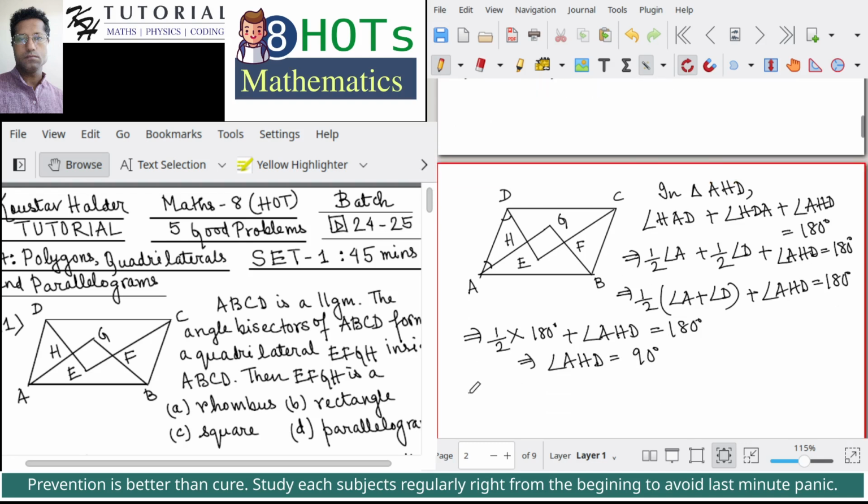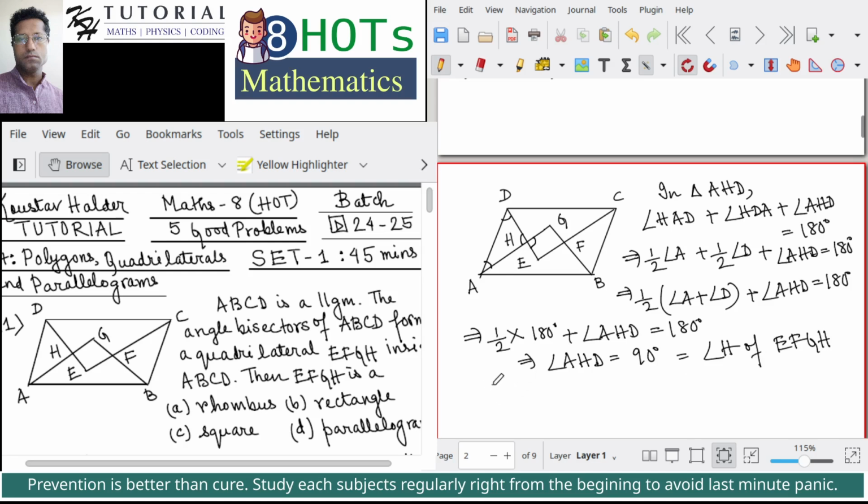Now what is angle AHD? This angle is also vertically opposite to this angle. So this is equal to angle H of the quadrilateral EFGH. So angle H is also 90 degrees.